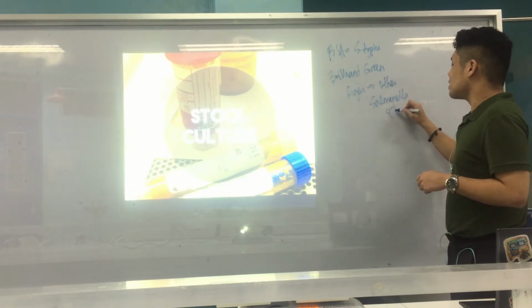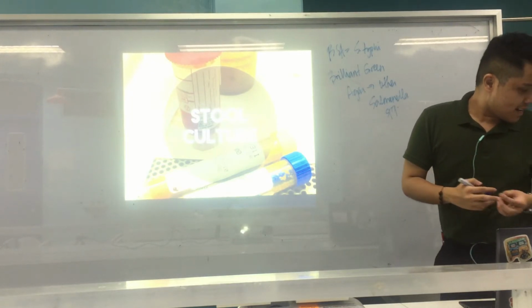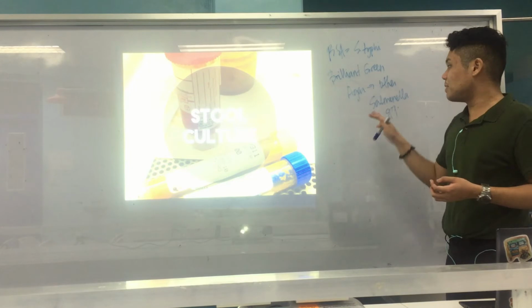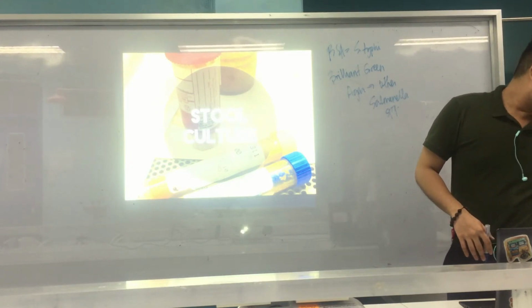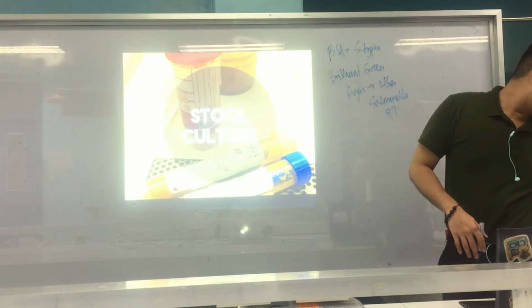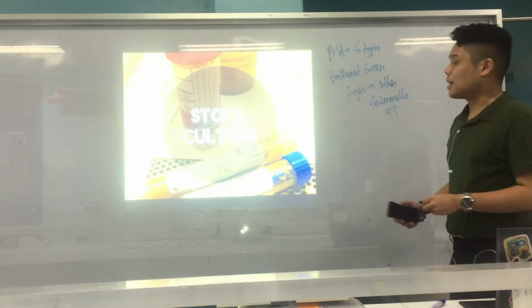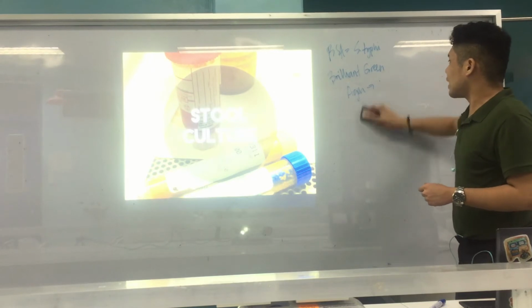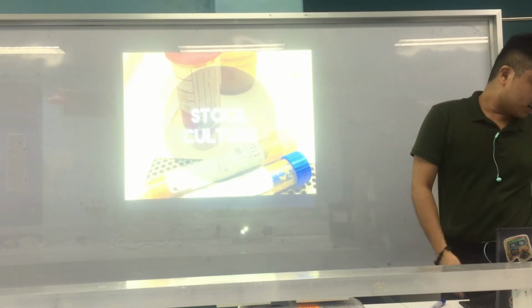So if you are looking for S. typhi, use bismuth sulfite agar, and for the other Salmonella species, brilliant green agar.